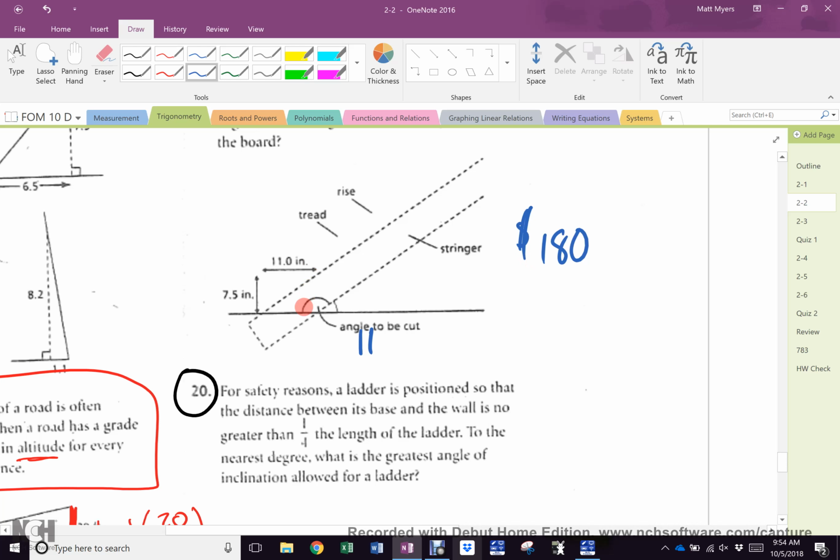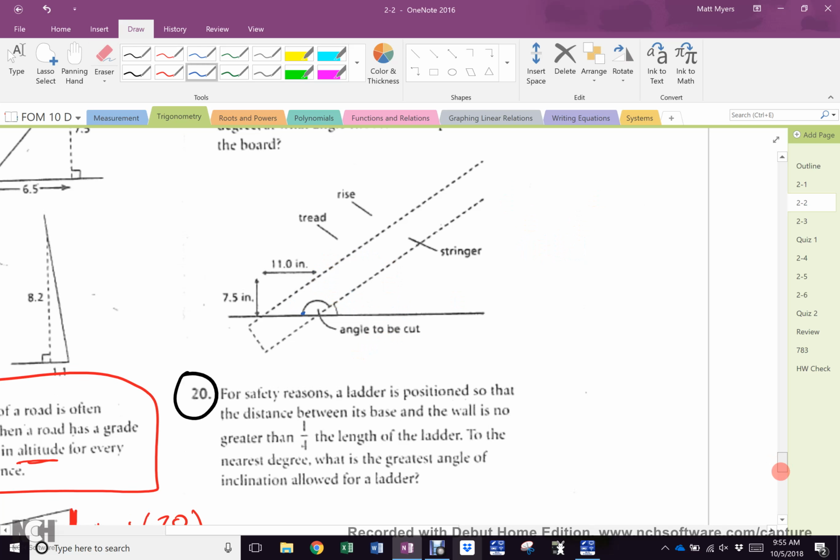Okay. I have 180 degrees to play with. I have lost some of those degrees. How do I tell what's left over? Subtraction. It's got nothing to do with degrees or trig. It's got to do with understanding you have a certain amount and some of that is missing. That is subtraction. Everybody cool?